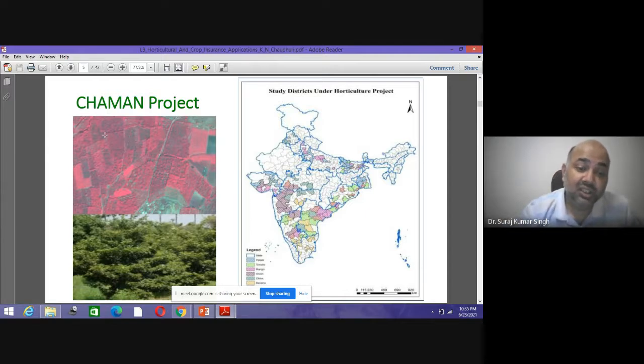So using a standard false color composite, we can identify at least 3 to 4 types of cultivation from the current satellite images, where you can see a smooth type of feature in the area.